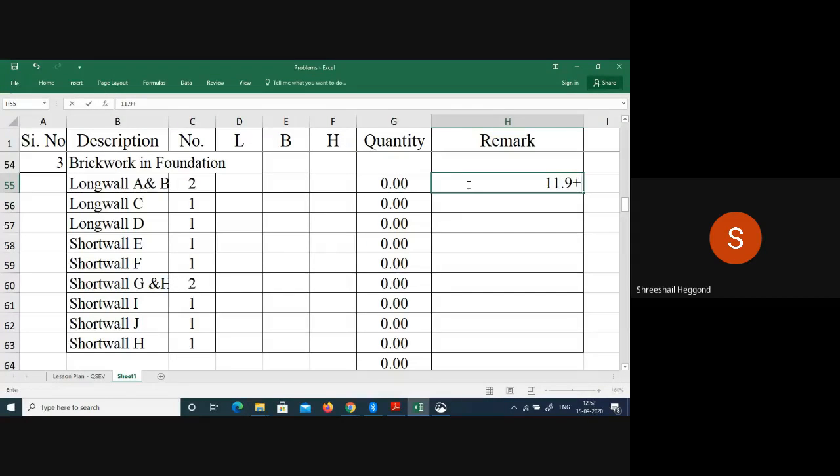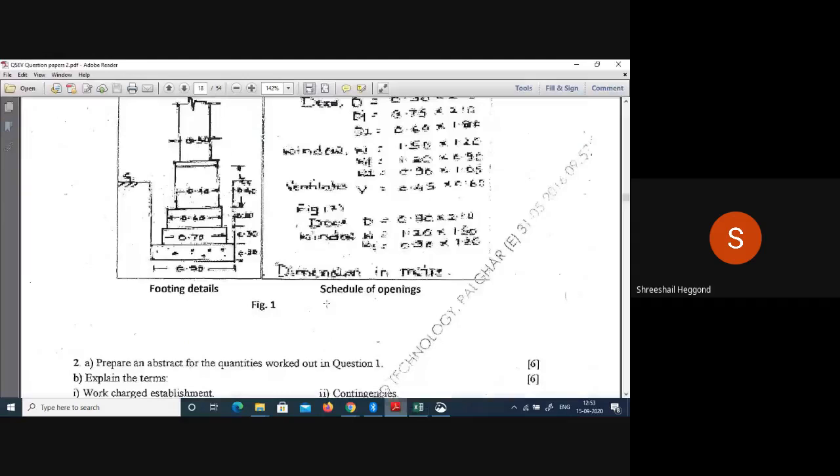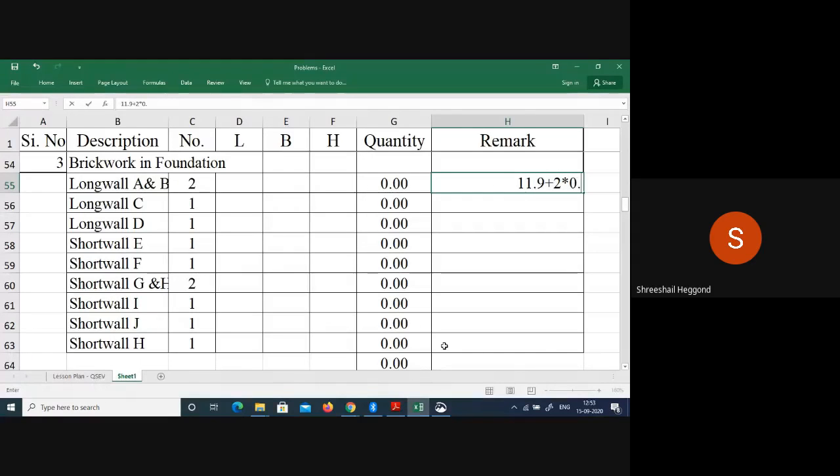The long wall plus 2 into, what is the width of first footing? That is 0.7. Therefore, it will be 0.7 divided by 2. Therefore, length will be 12.6. Breadth is 0.7. Height is 0.3.